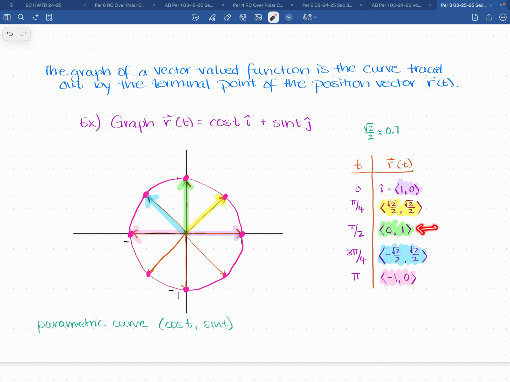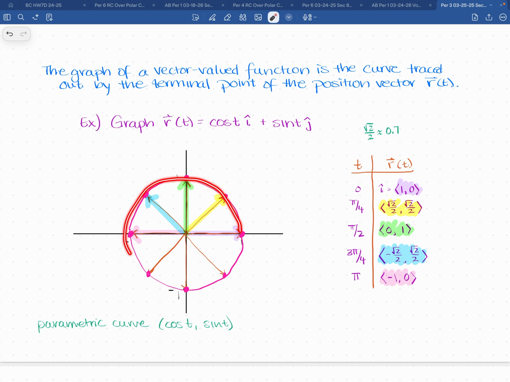The green one, starting at the origin, I'm just going to go up 1 unit vertically. There's my terminal point. Blue, starting at the origin, negative root 2 over 2, positive root 2 over 2. There's my terminal point. And then finally, <-1, 0>. There's my terminal point. If I kept going, I would trace out the whole entire circle.